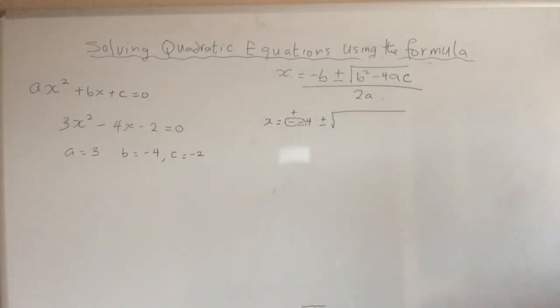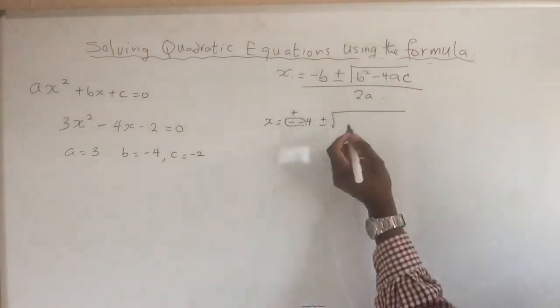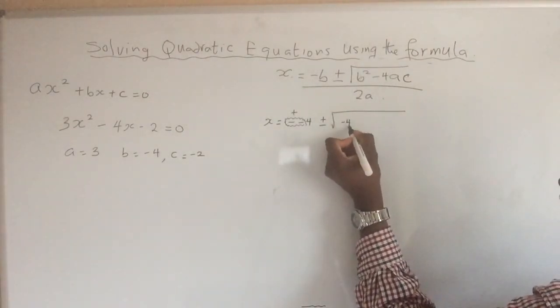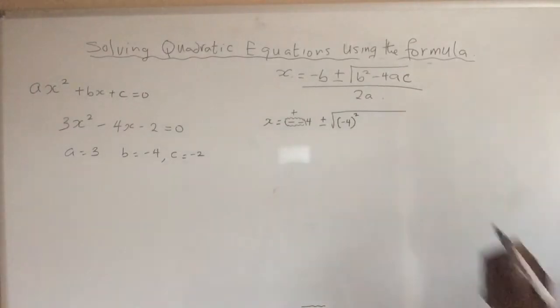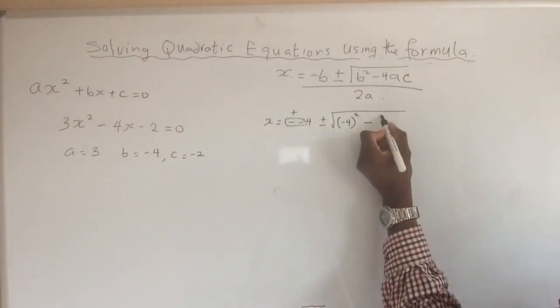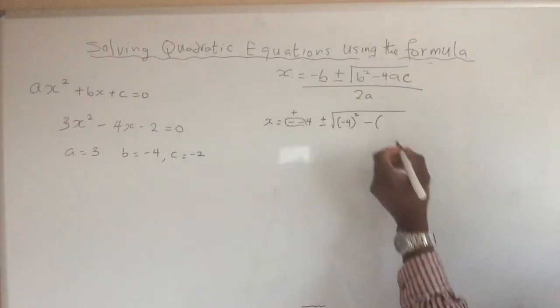At this point, I would like you to start using brackets. Yes, it says b squared. What's the value of b? It's minus 4. I'm going to square it. Then minus, open another bracket for the term 4ac before doing your multiplication.